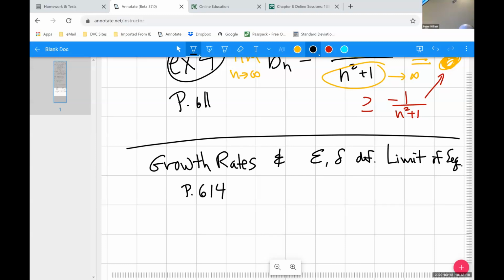And then literally on the very next page, the epsilon delta definition of limit, page 615. They introduce it and give you one example all on the same page, and then they just go right to exercise problems. So both of these are done on one page, because on page 616 you have section exercises.